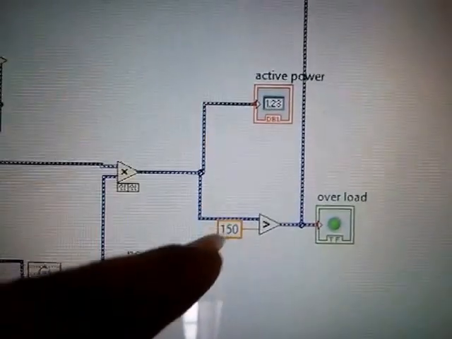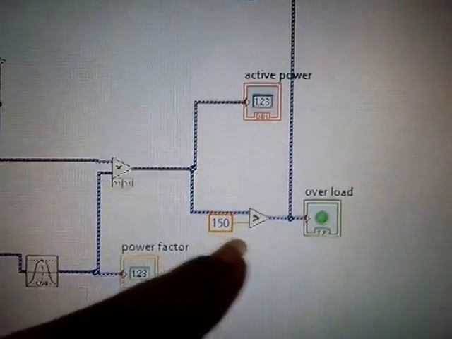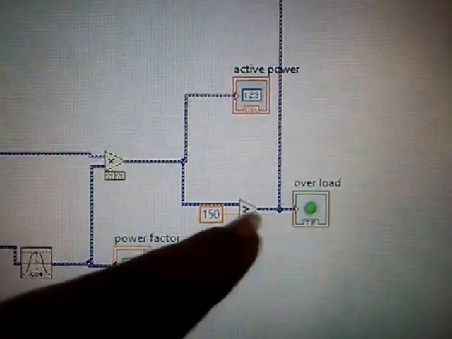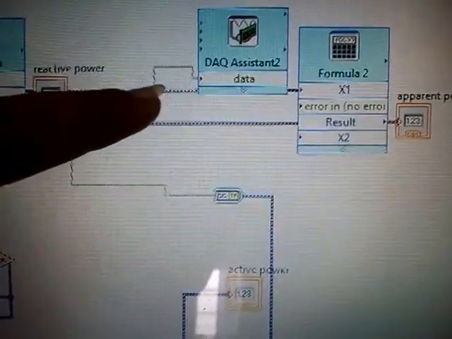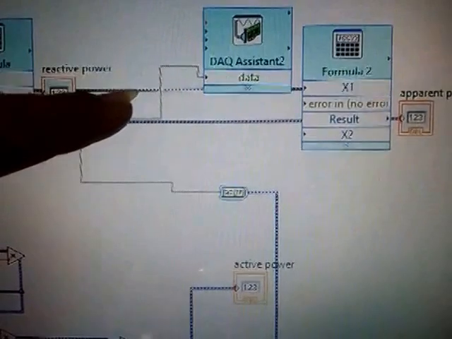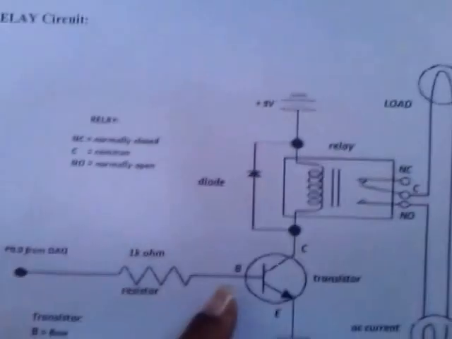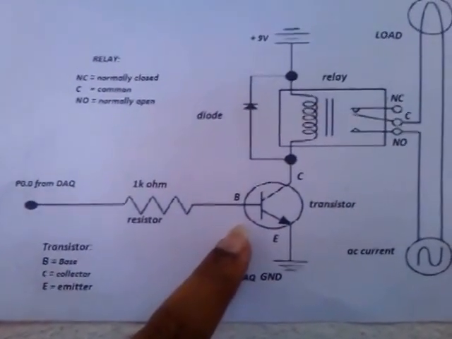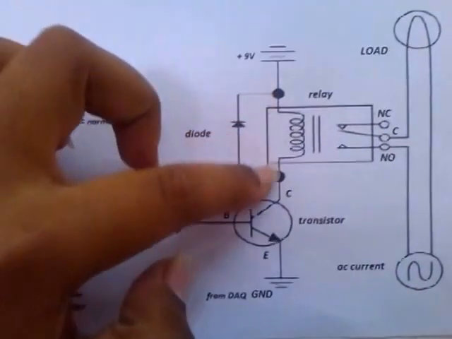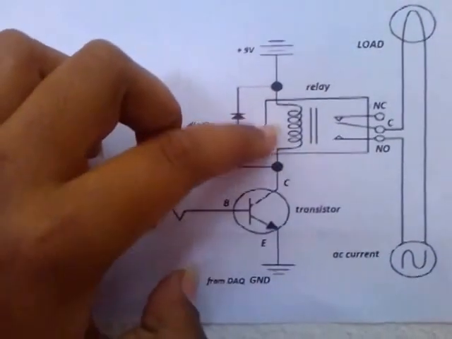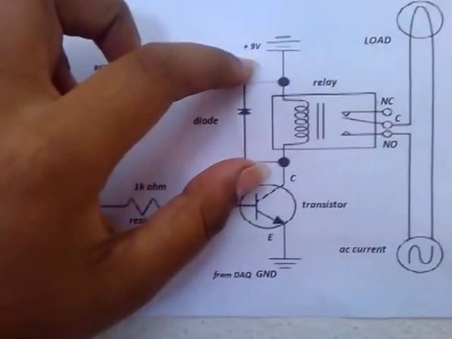Whenever the power exceeds 150 watts, then there is a boolean we have given here. From that it will be given to the DAC card, which is on the digital side. It will generate a 5 volt signal, that is from the digital side it is given to the relay, and the transistor will activate whenever there is an overload, and it will draw the current from the relay, and the relay is set into operation.